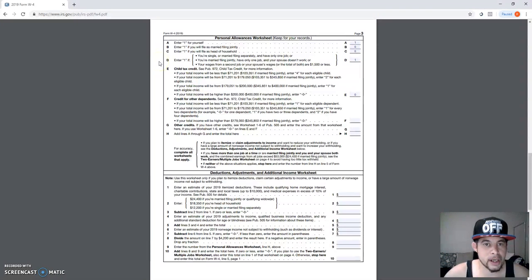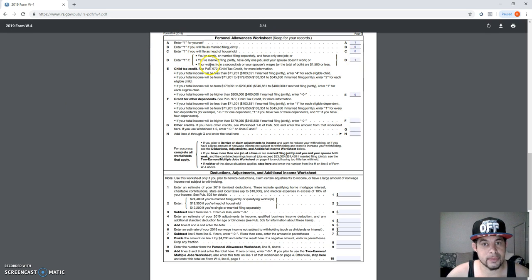D, enter 1 if you're single or married filing separately, or only have one job, or you're married filing jointly, have only one job, and your spouse doesn't work, or your wages from your second job or your spouse's wages are less than $1,500, and I would assume they're talking monthly. So I put a 1 there just because I'm single and I have only one job.